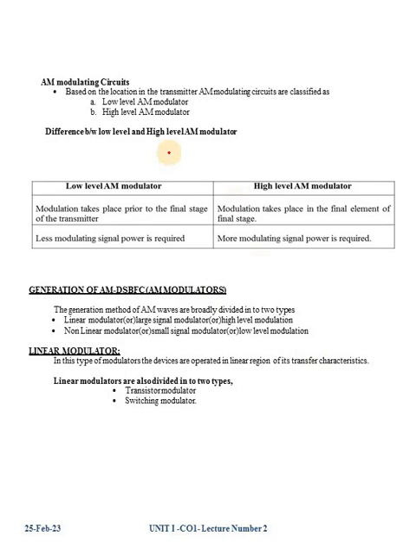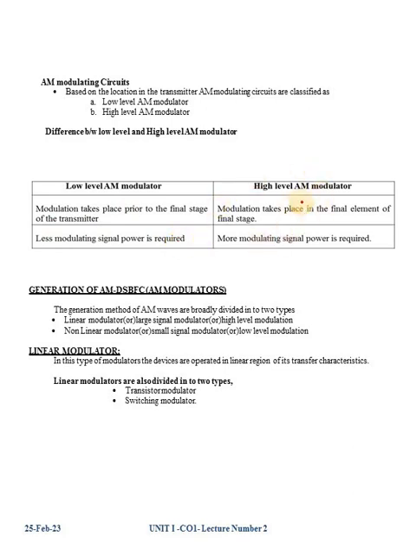AM modulation circuits, based on their location in the transmitter, are classified as low level AM modulator and high level AM modulator. Difference between low level and high level AM modulator: in a low level AM modulator, modulation takes place prior to the final stage of the transmitter, and less modulating signal power is required.